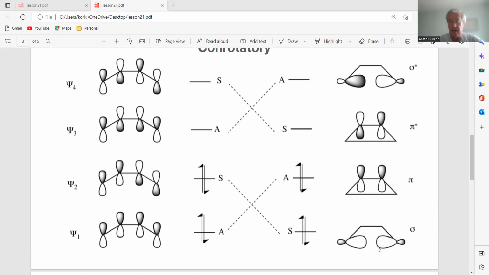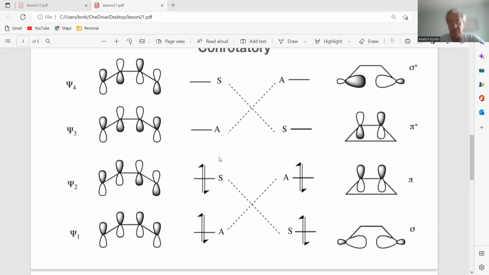So for the cyclic system, the rotation around the twofold axis of a sigma bond will make it symmetric, but for a pi bond it's anti-symmetric, and so forth for a non-bonding orbital. And as we might see, we can correlate the lowest pi orbital to the pi orbital of the cyclic system, and the highest occupied orbital is related to the sigma orbital.